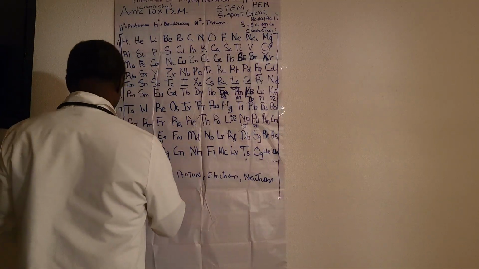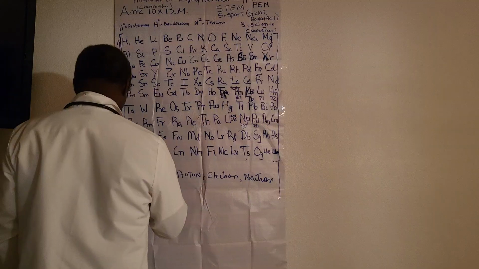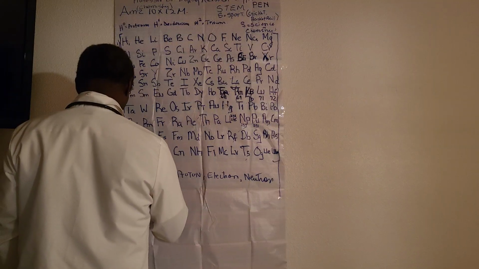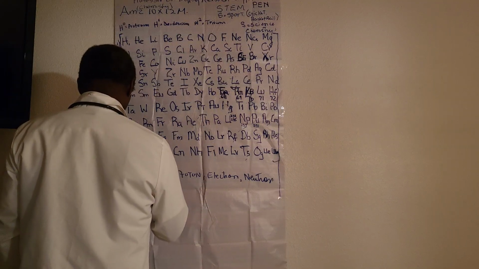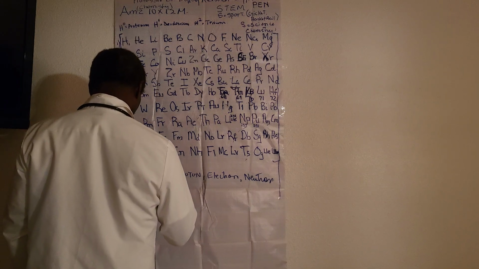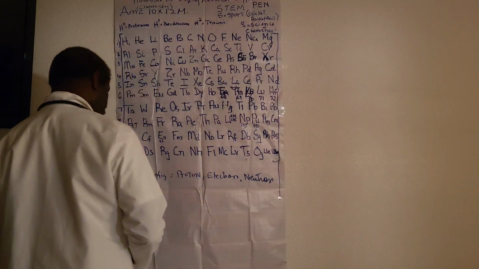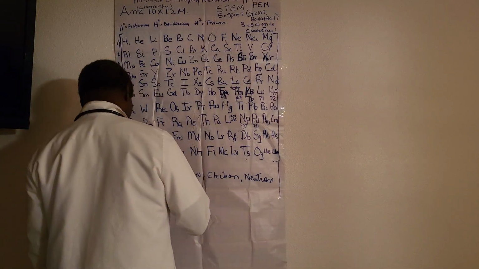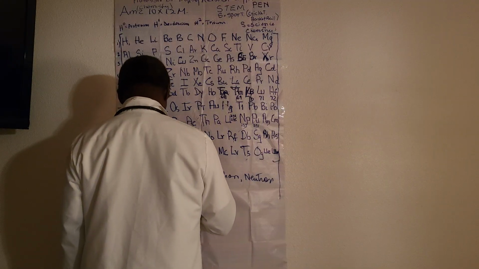So here we have hydrogen as 1 proton. We have 0 neutrons, and deuterium, H-2, 1 neutron, and tritium, 2 neutrons.